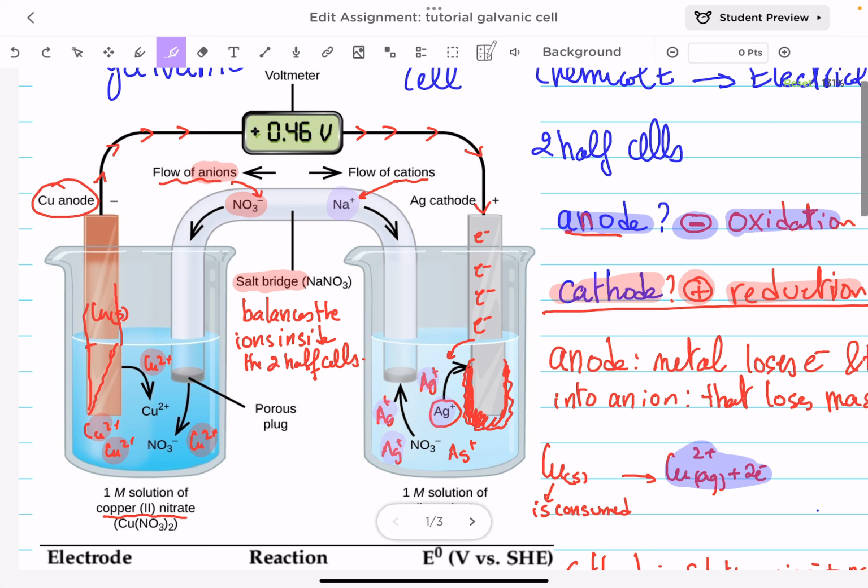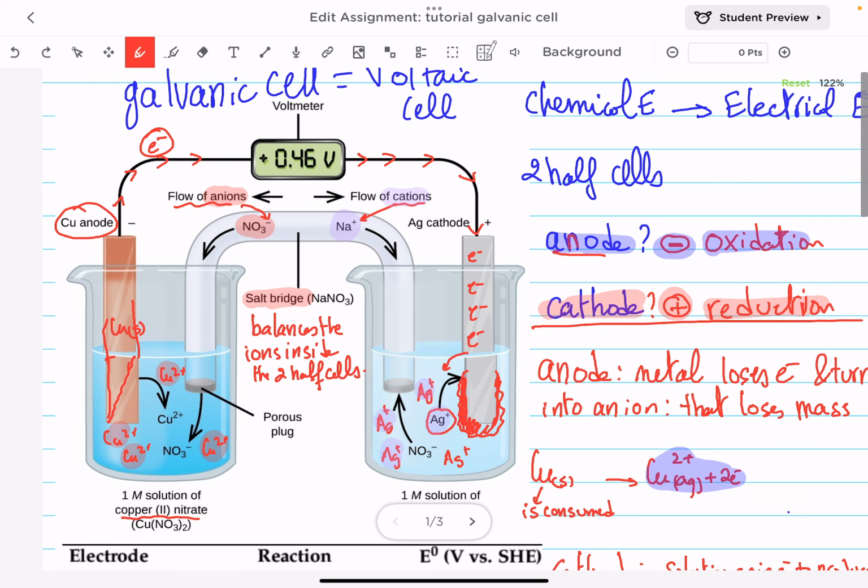Please note that the ions, the positive cations and the negative anions, only flow through the salt bridge. And it's the electrons that flow outside the salt bridge, through the electric wire from anode to cathode. All of this happens at the same time.